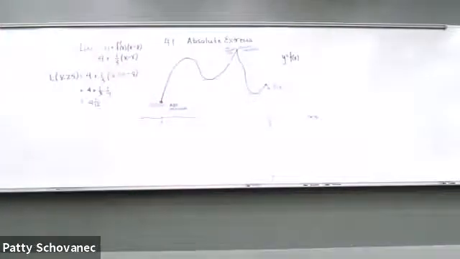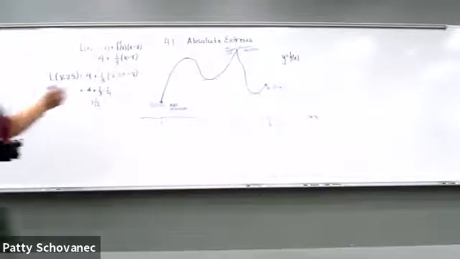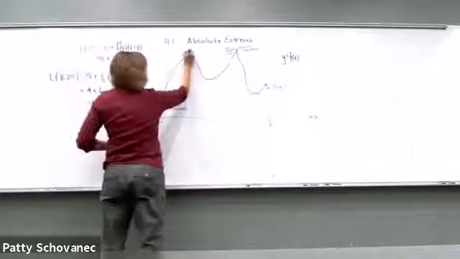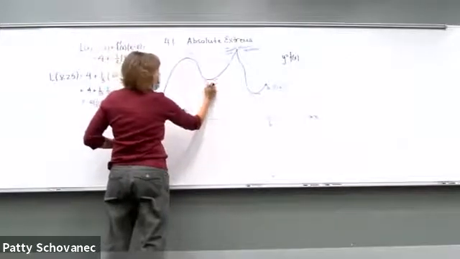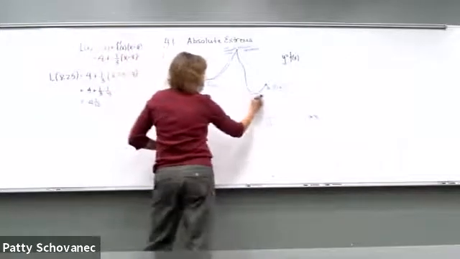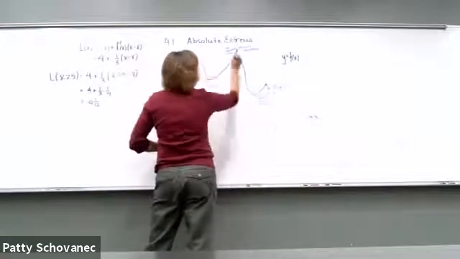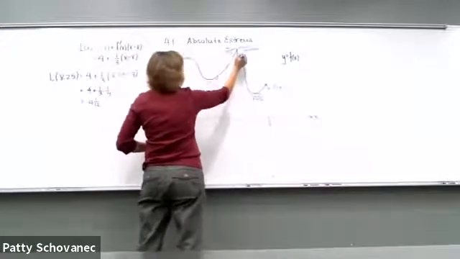So the picture tells me exactly how I'm going to find my largest and smallest y values. I'm going to make a collection of all of the points at which the derivative is either 0 or where the derivative does not exist.